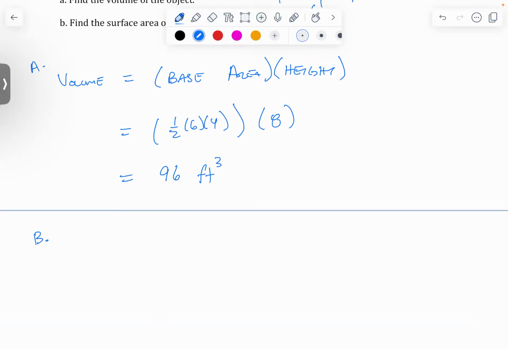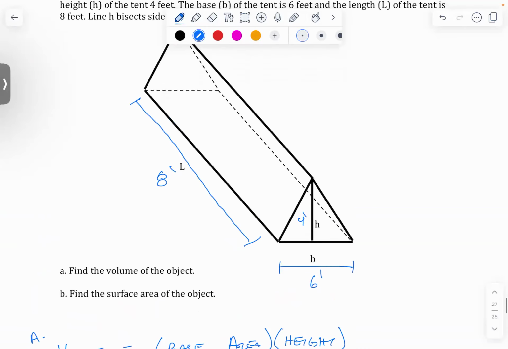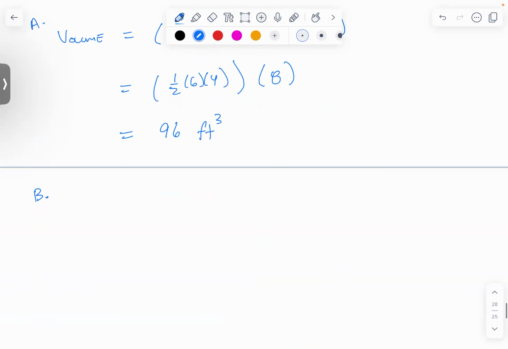Surface area, and this is the one that we got to think about. Let's start with the triangles. Triangle on the front, triangle on the back. So we have 2 triangles.